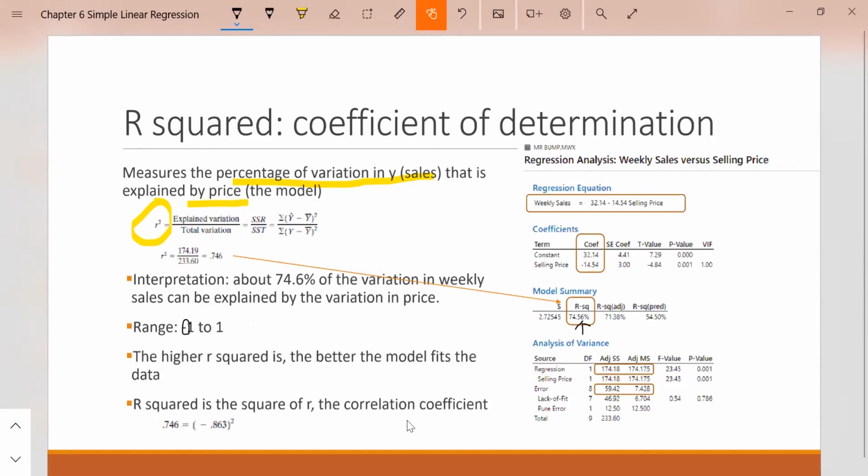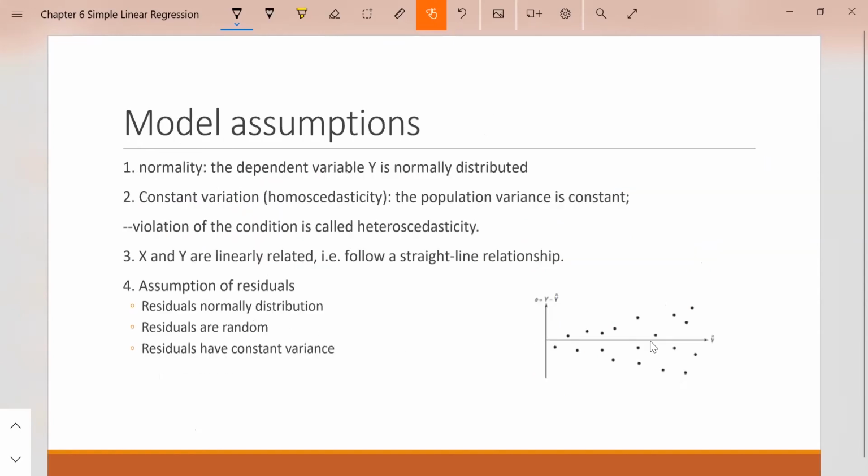Okay? So next, the criteria we're going to look at is the model assumptions. We can fit the model to the data, but we actually assumed a lot when we're doing that. So here are the assumptions. Number 1, normality. We want the dependent variable y to be normally distributed.